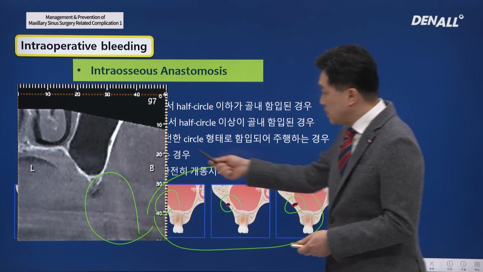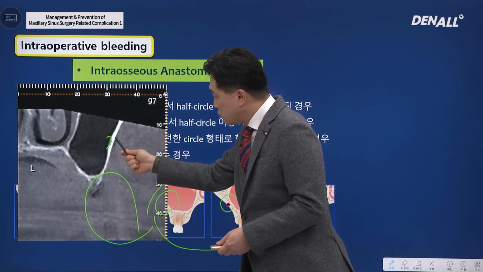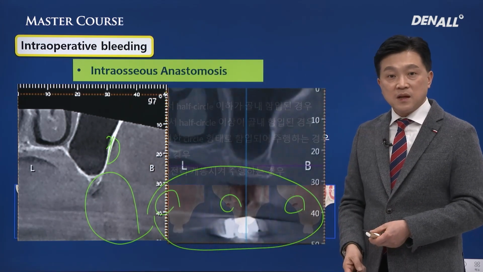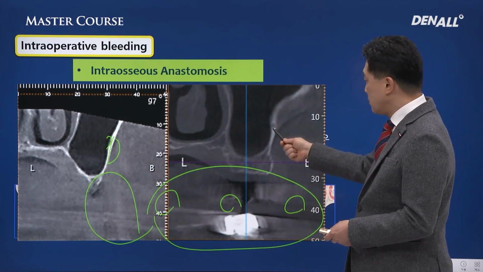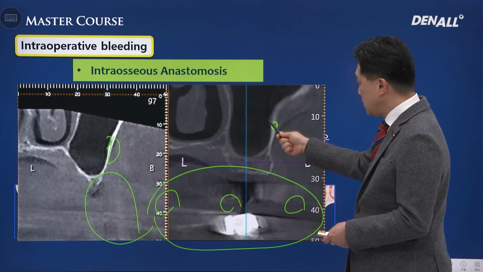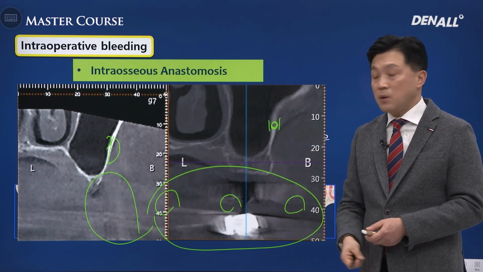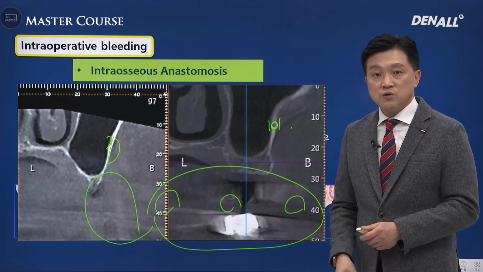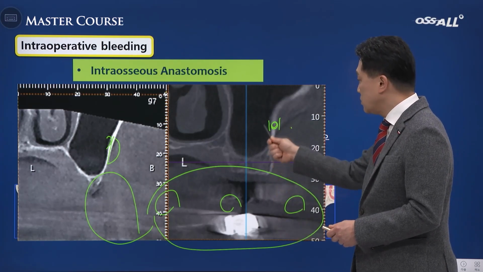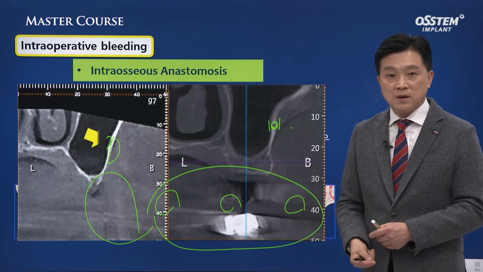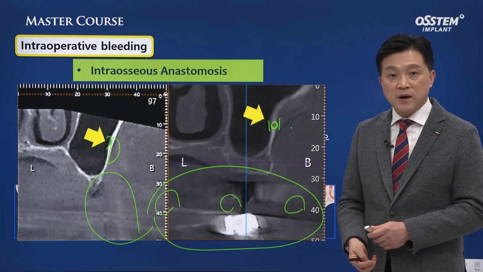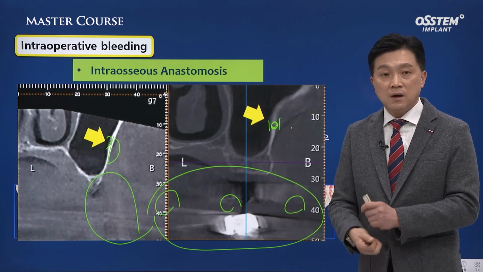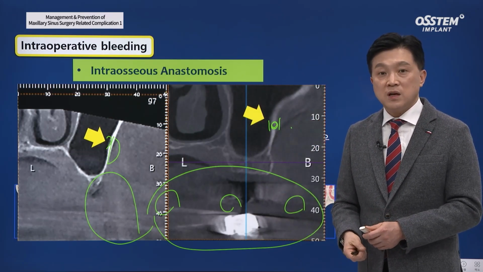As shown, if there's half a circle, if you form window carefully, then it's not going to be a problem. But if it is a bony canal type, or if it is fully penetrated like type 5, if the artery runs like this, then it is prone to damage. We need to check these kind of situations on CT carefully if it can be observed.